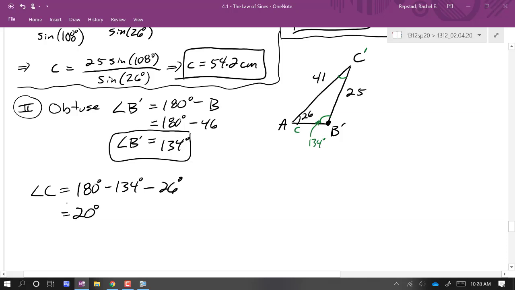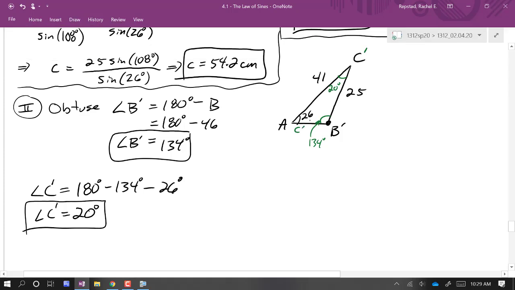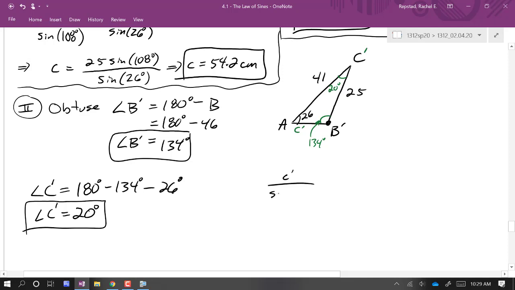That's 20 degrees. C prime. And now, like before, we can use law of sines to find side C, or C prime, I guess. I don't want to use the same letter for two different quantities in the same problem. So C prime over sine of C prime is equal to 25 over sine of 26 degrees.